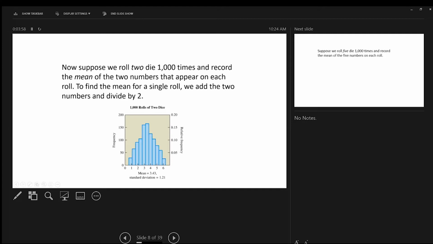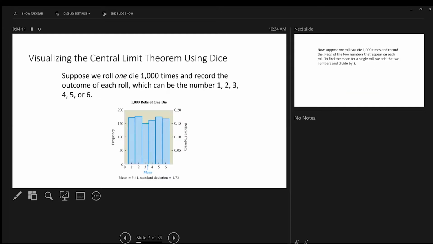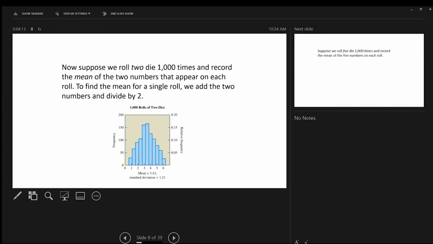And we find that on average, the sample mean is still around 3.43 with a standard deviation of 1.21. So our standard deviation went down from the last one. And now we're starting to see this normal distribution bell-shaped curve.